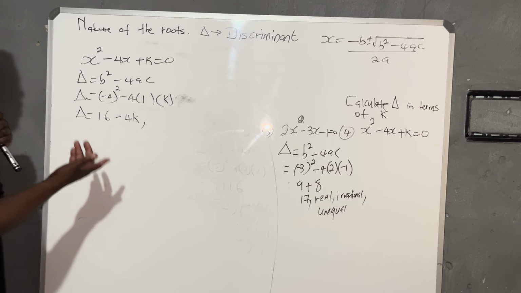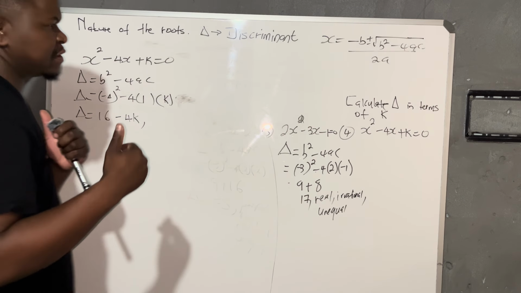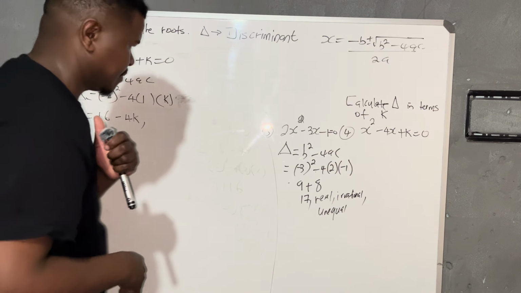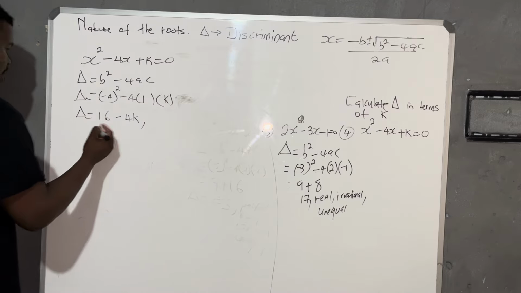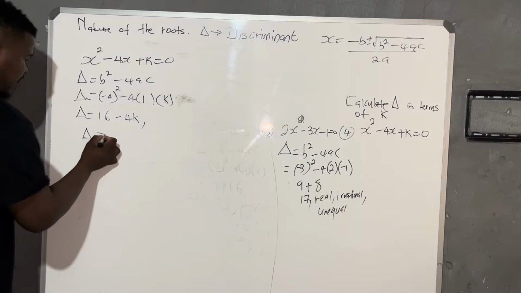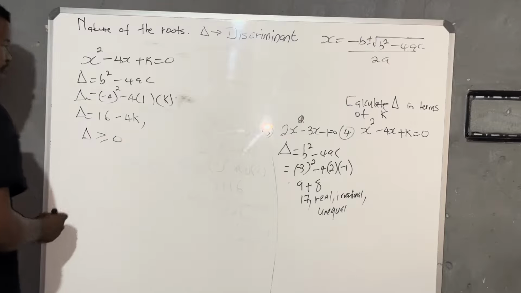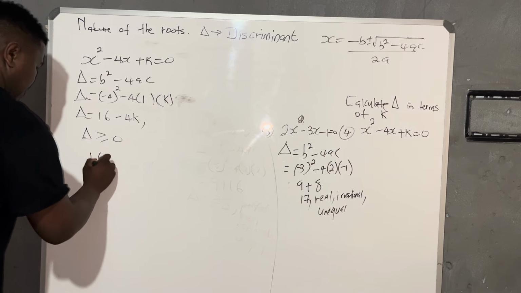They say if it's real, something that is real, we can say it's greater. We can use the term like this is greater. We expect it to be greater since it's real. Now, the fact that they indicated that the equation should be real, this is where we say this is greater or equal to 0.